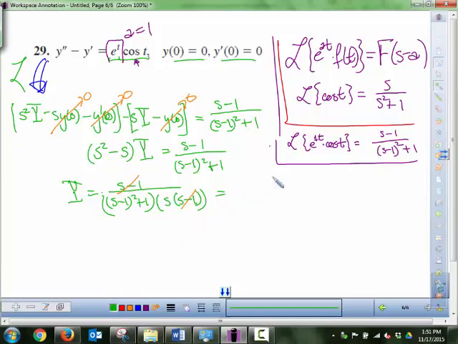Should have done that earlier. 1 over s squared minus 2s plus 1 times s. Let's see. 1 over s cubed minus, where am I? Minus 2s squared plus 2s.